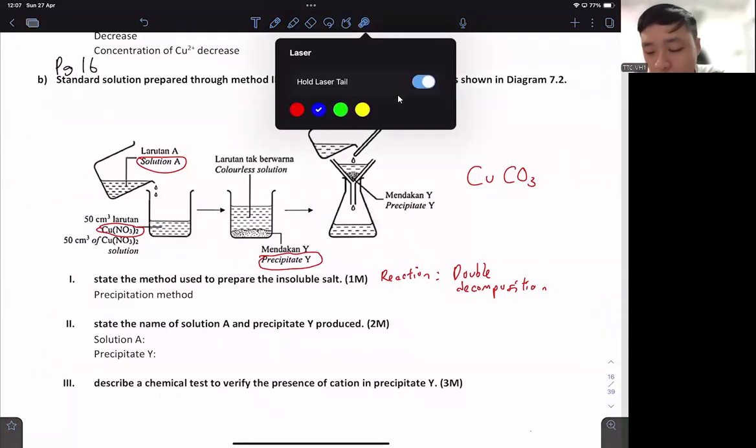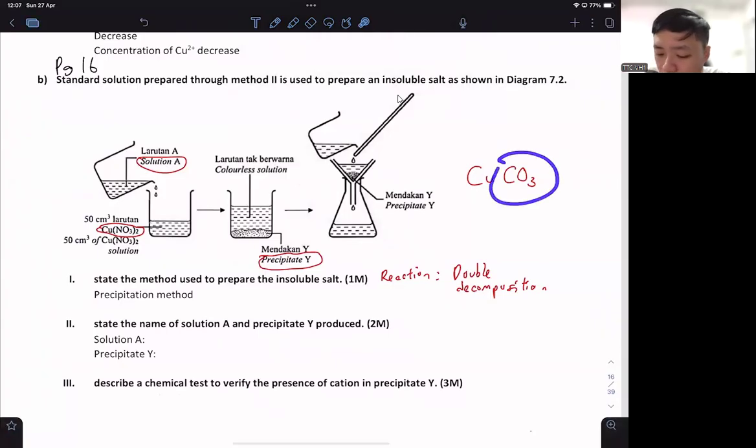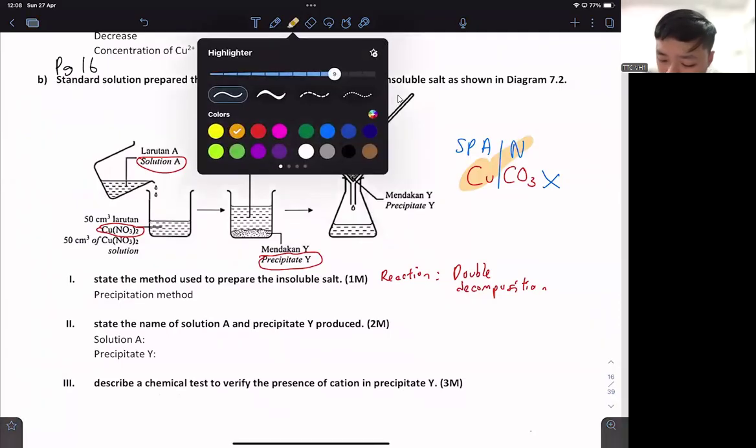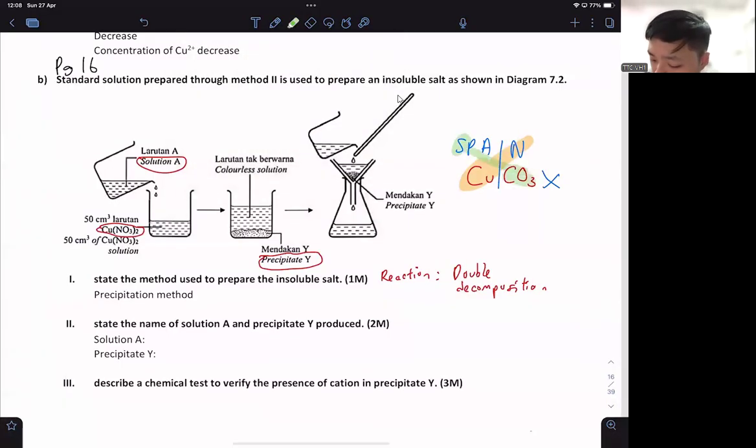So, carbonate. If you want to prepare the insoluble salt, you use soluble salts. So the first reactant, the chemical you use, is copper 2 nitrate, and you get sodium carbonate.